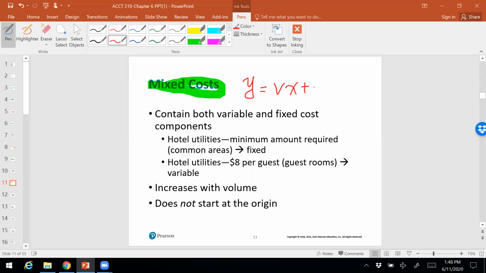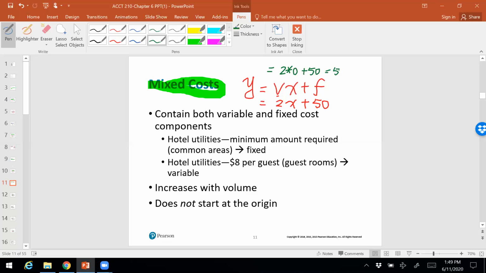You will see what's the meaning. If I still use my gas, this will be $2 per mile, and then plus my fixed cost of the insurance, which is $50. Let's say for that specific month, I didn't drive anything. So if my x is 0, that will be 2 times 0, but I still need to pay my insurance, right?